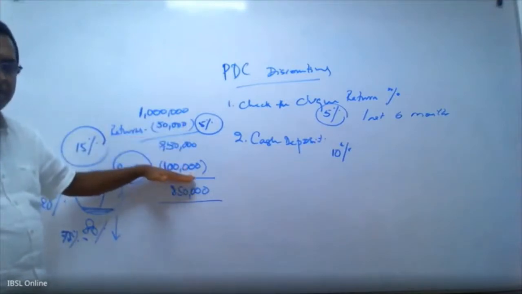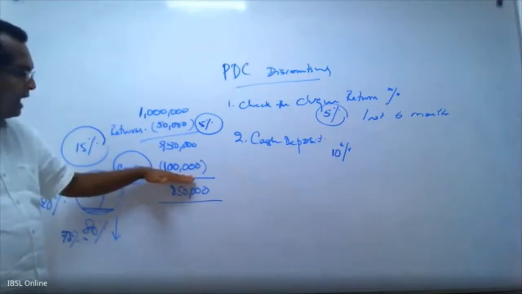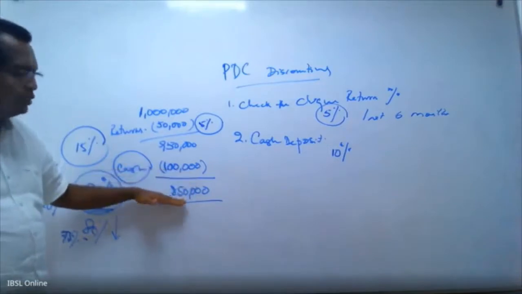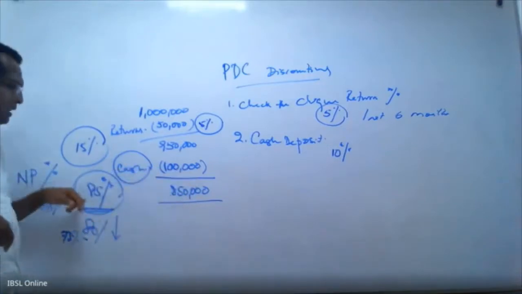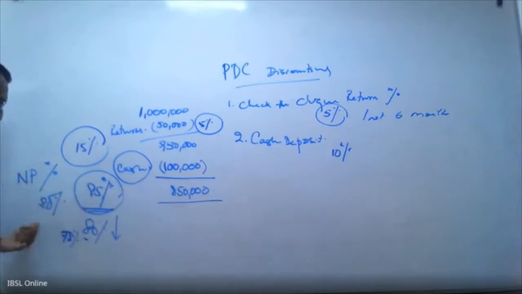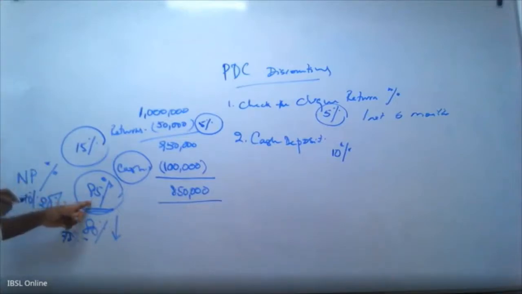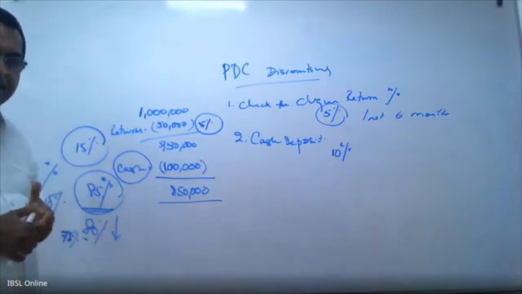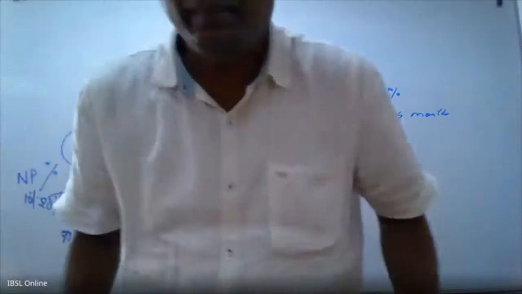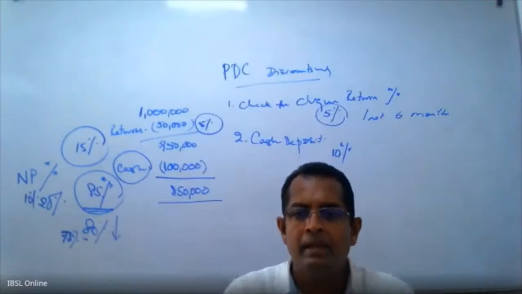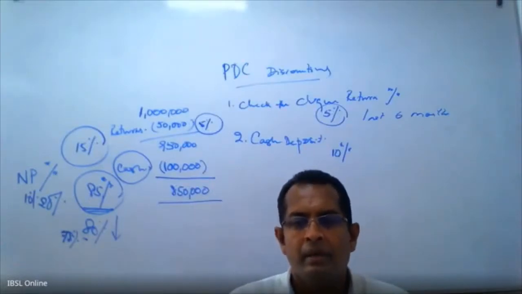Even if check returns during the cash, within the cash, we have no issues. So it is 850, then it is 85%. Then we will check net profit percentage. If it is 20, we go below 80. Else, if it is 10%, we go for 85%. Right? That is the PDC discounting percentage. Is that clear?